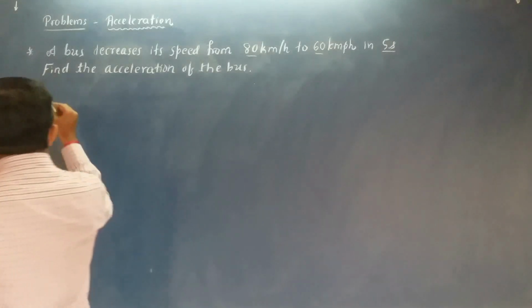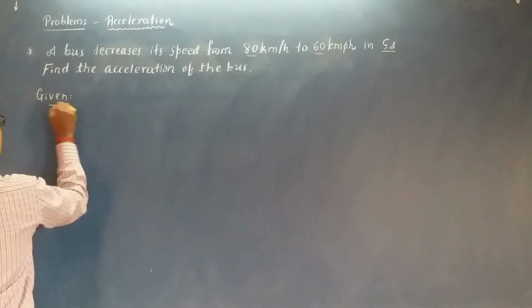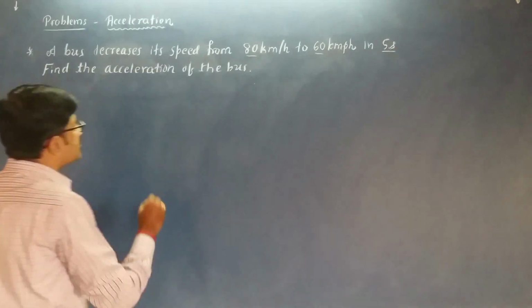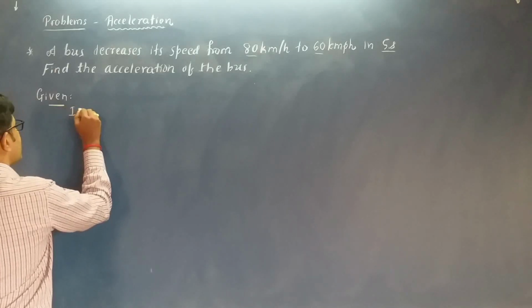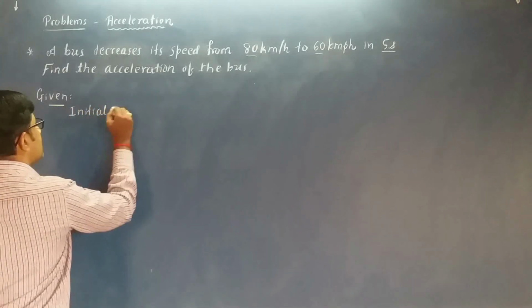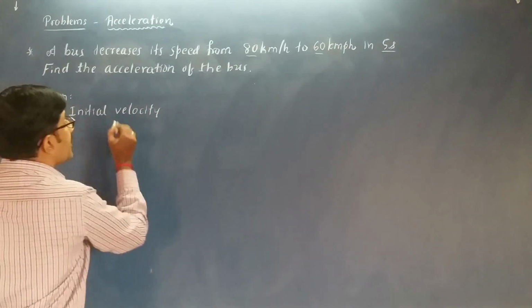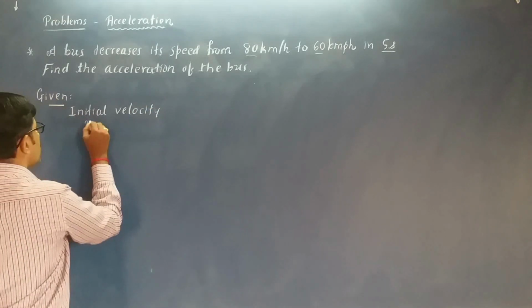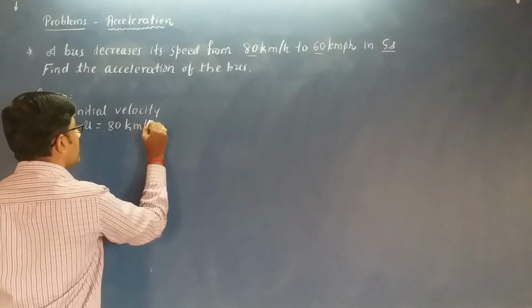Now, given data: a bus decreases its speed from 80 km per hour, which means initial velocity of the bus u is equal to 80 km per hour.